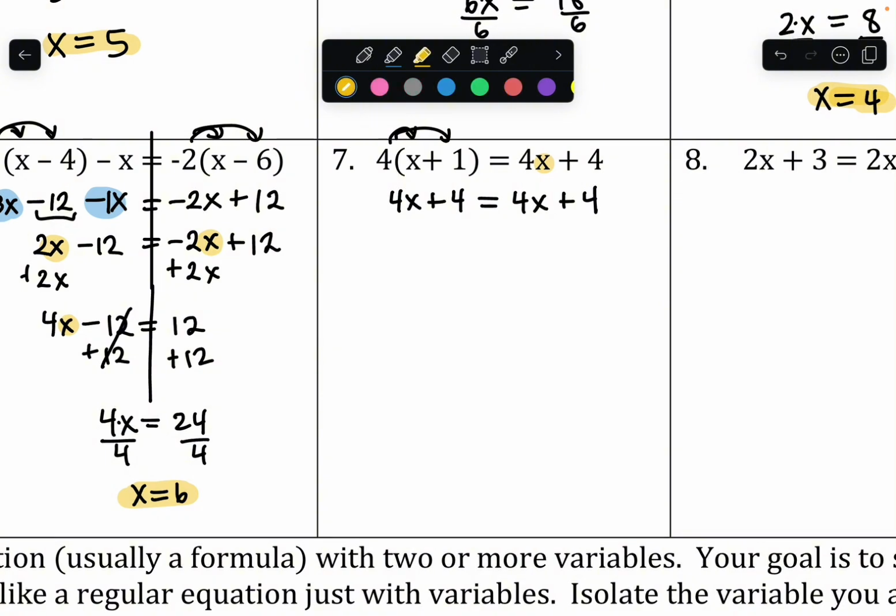You would pick a side to get rid of all of the x's on. And when I pick the right side, it ends up canceling all the x's on the left as well, leaving me with just 4 equals 4. That's true. Whenever x drops out of your equation and leaves you with a true statement, your solution is all real numbers. Any value of x would work for this problem.